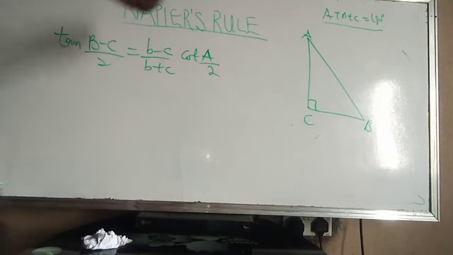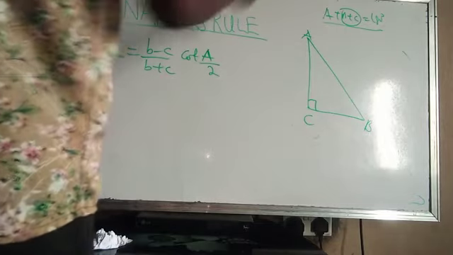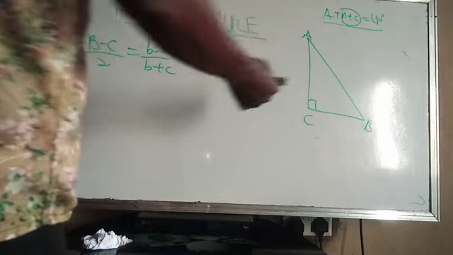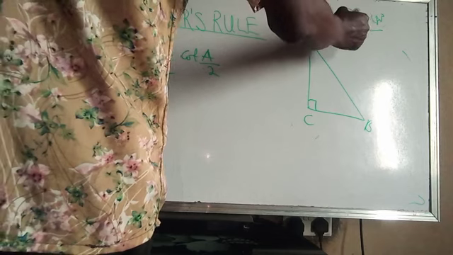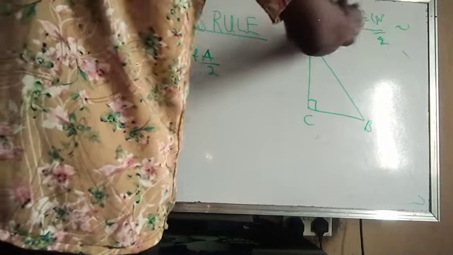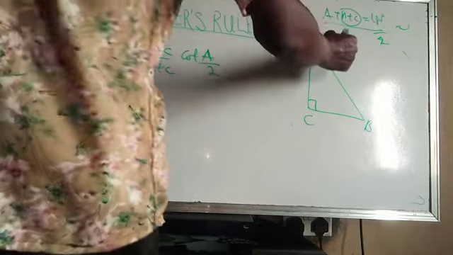If you have taken B and C, it means you'll be having only A left. Now, if I divide through by 2, I will have everything over 2. A plus B plus C all over 2 will be equal to 90 degrees.